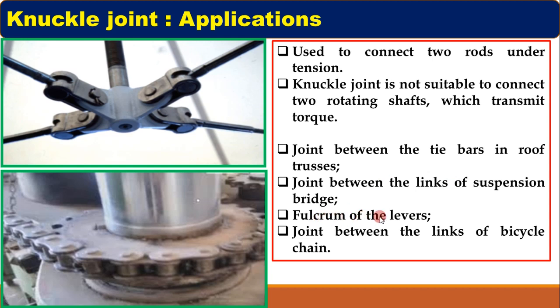Then the fulcrum of levers, that is, the joint between lever and support, so that there is relative motion between support and lever. And the last application is the joint between the links of a bicycle chain. As we can see here, this chain is mounted over this sprocket, and that's why this chain can get angular movement, because it is connected by knuckle joints.